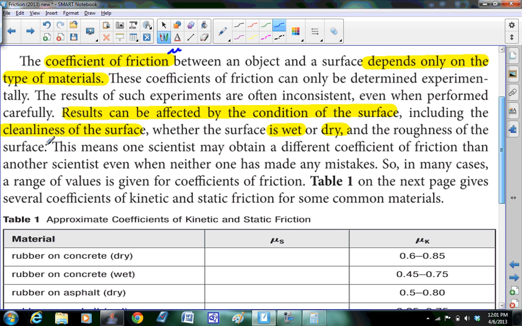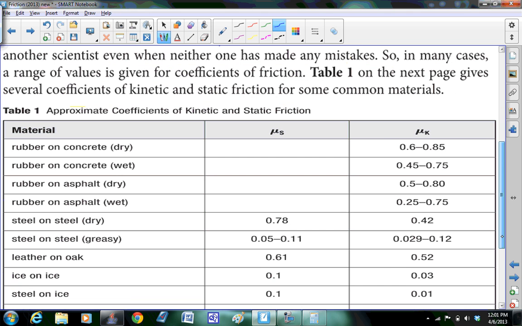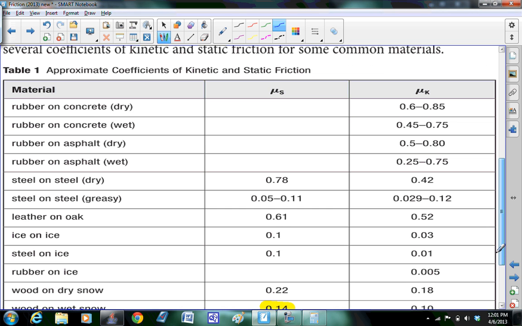So that means cleanliness, if the surface is wet or dry, if there are any imperfections in the surface. All of these might make a little bit of an impact on the data. But nonetheless, you can look up the coefficient of friction between different surface pairs. Sometimes they're even given as ranges to take into account the slight imperfections that might be present.